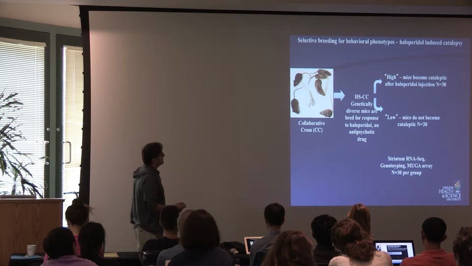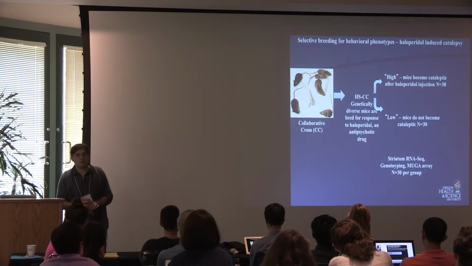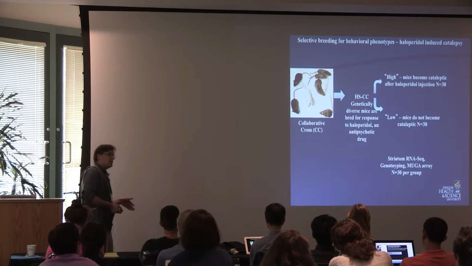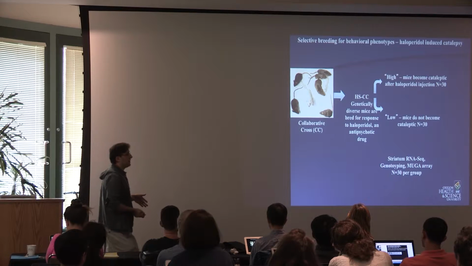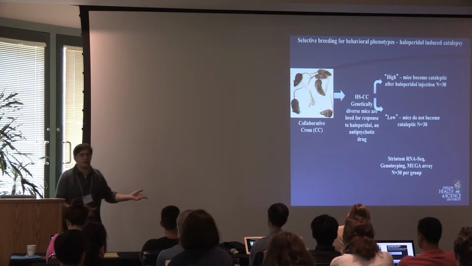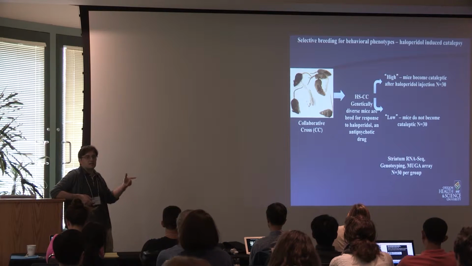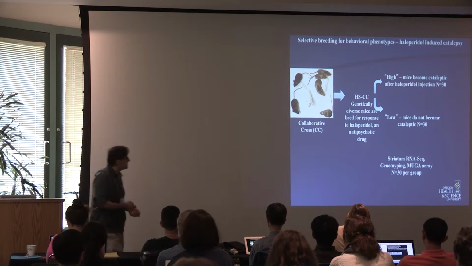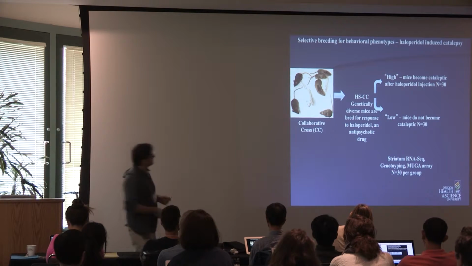The behavior is that you inject them with an antipsychotic drug, haloperidol, and they either go cataleptic or they do not. The purpose of this exercise is to find the genetics that make people have these terrible side effects from haloperidol. So we want to find what determines catalepsy. I have 30 highs and 30 lows.